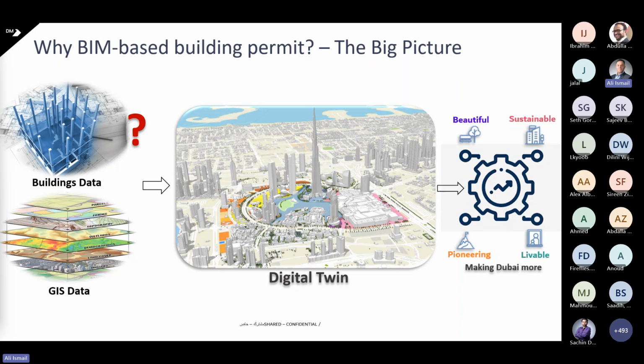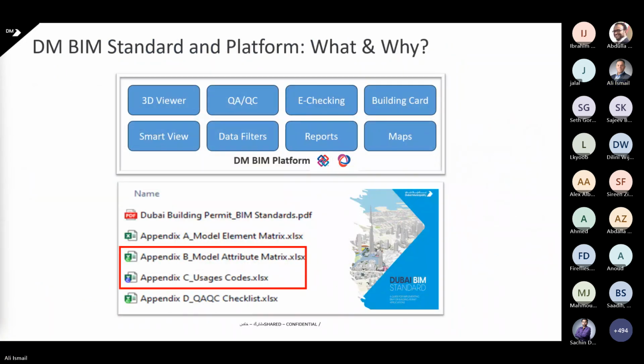At the moment, if we only receive CAD, PDF and DWF, the information is locked in and is not used in further applications. So there are many objectives behind the BIM mandate by Dubai Municipality.